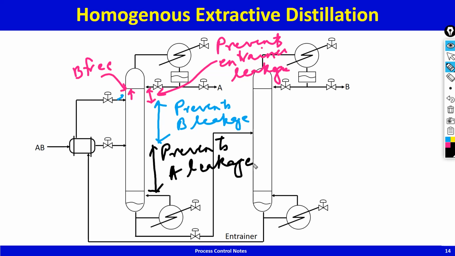So essentially, with these kinds of leakages being prevented, what you get up the top is pure A. What you get down the bottoms is a BE mixture. This BE mixture is a binary mixture. It is sent to the next column. The B being lighter than the entrainer, because the entrainer is heavy, the B leaves up the top and the entrainer leaves down the bottoms. So this is the classic homogeneous extractive distillation sequence.